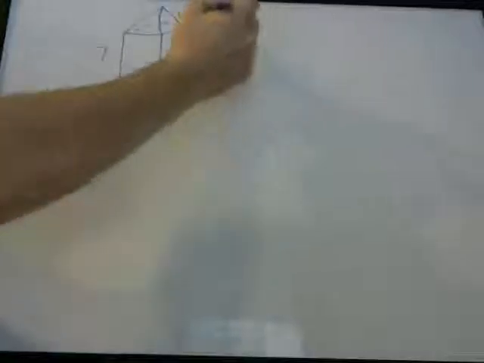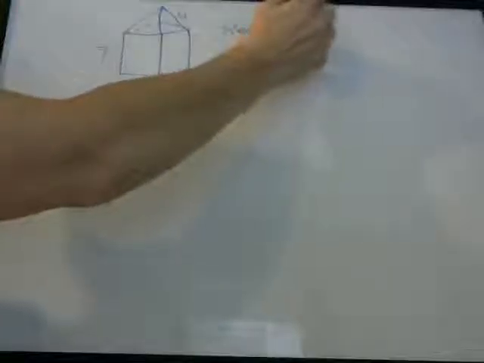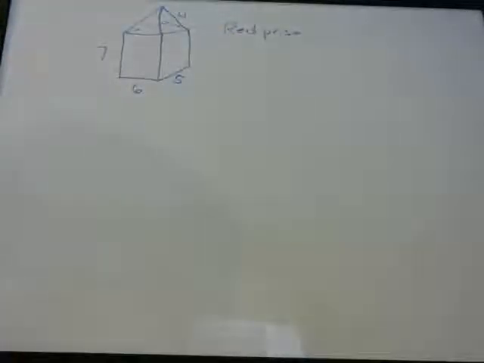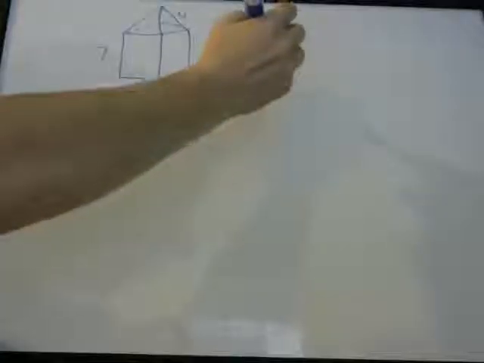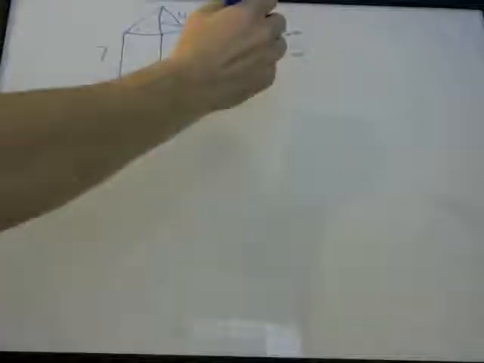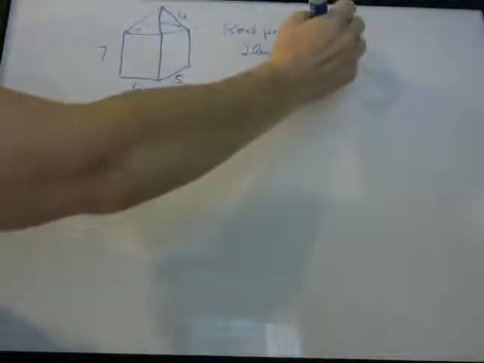So you pull out your formula sheet, and what's the surface area? It says SA, meaning surface area, is 2 times the length times the width plus 2 times the length times the height plus 2 times the width times the height.